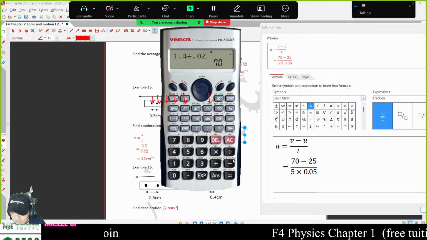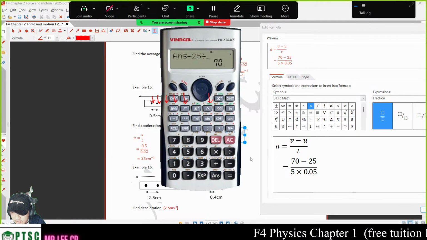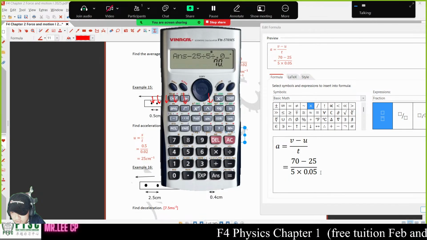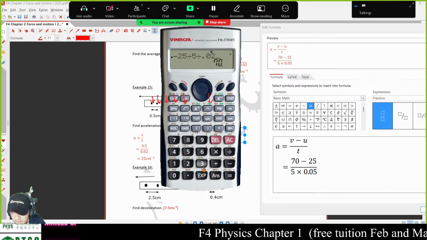So 70 minus 25, divided by 5 times 0.02. Sorry, I wrote it wrongly.